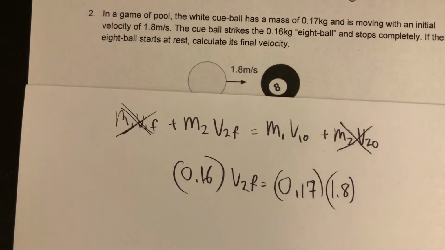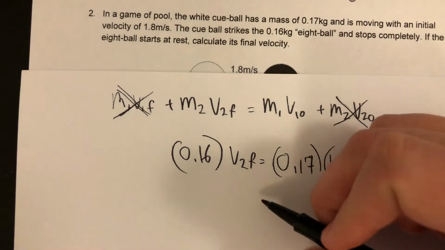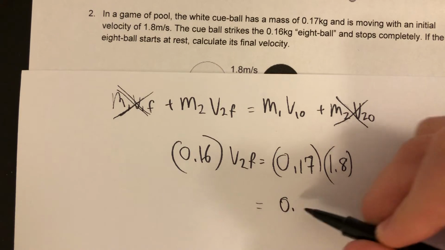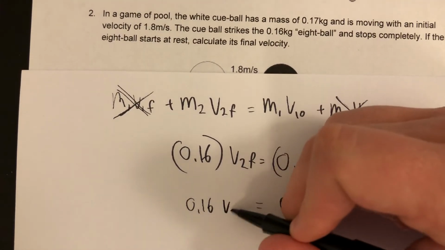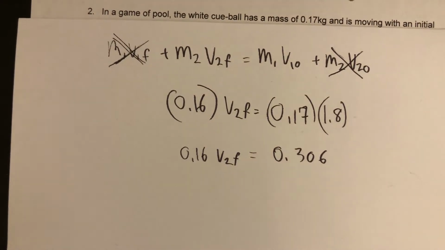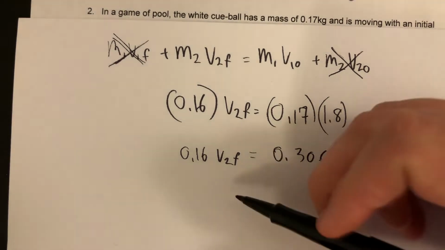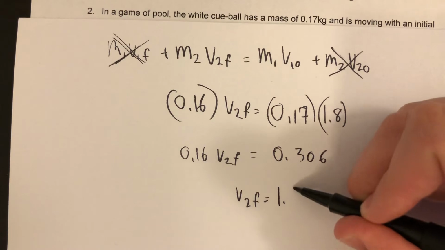Oh, gotta show that work there. Should simplify, take 0.17 times 1.8, 0.306. We'll leave the 0.16 in there. And now we just divide both sides by 0.16. So V2 final is 1.91.